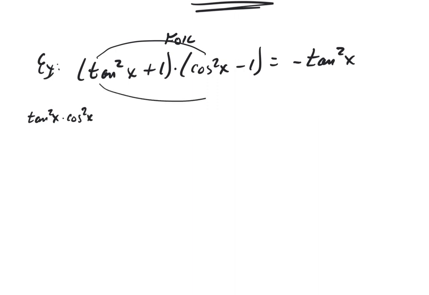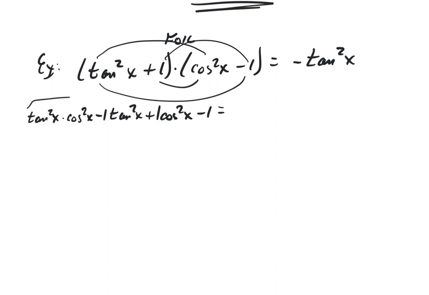I'm going to do the outsides, so tangent squared times negative 1. I'm going to do the insides, 1 times cosine squared. And then finally the lasts, positive 1 times negative 1. Okay? Looks like a terrible mess.